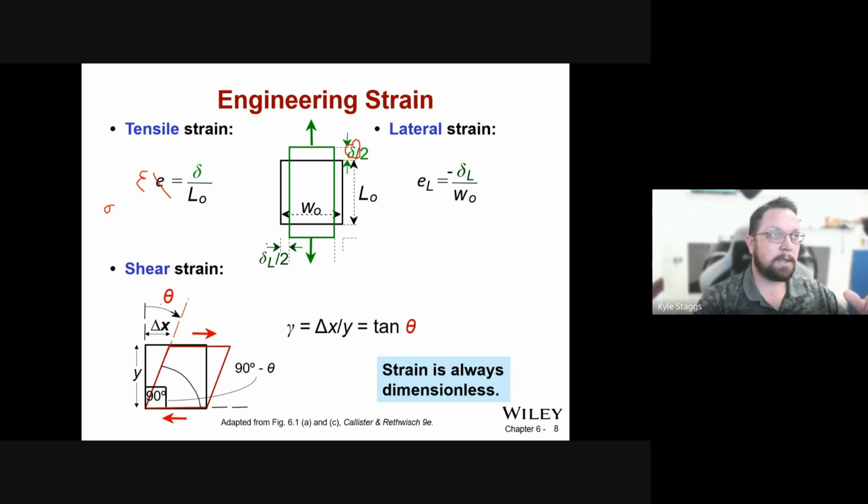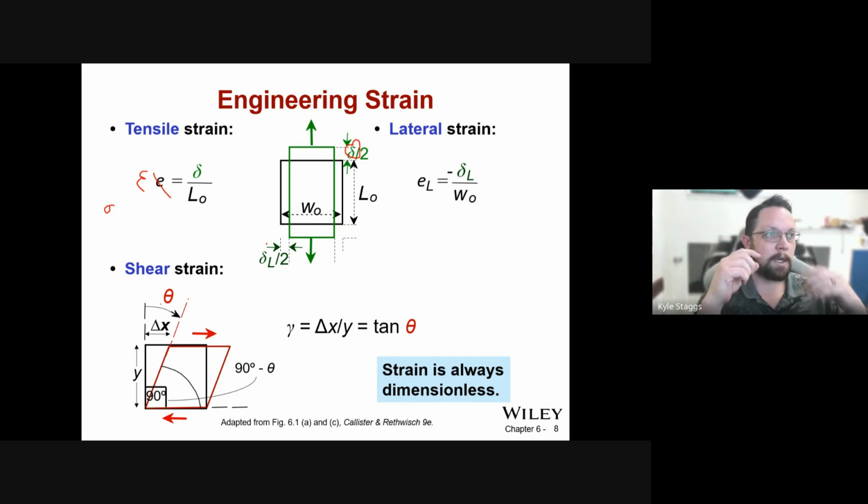Shear strain is a little bit different. Shear strain creates a shift in the orientation of these individual squares, or really cubes, of material.